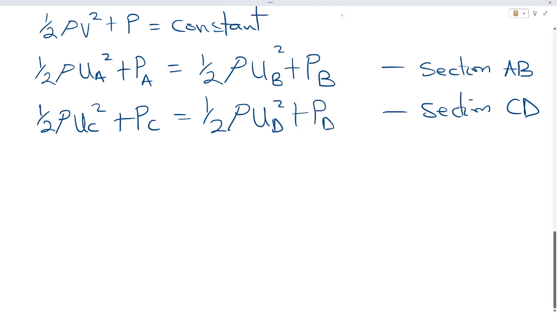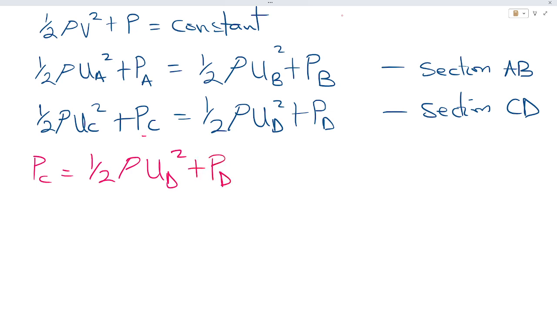From this particular equation, we can single out PC. How do we single out PC? Our PC equals half rho UD squared plus PD minus half rho UC squared.